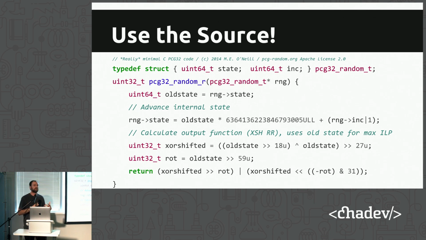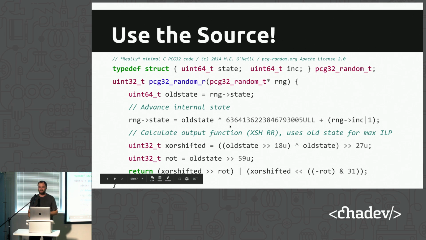Basically, we have a state transition function, which is that first line right here. We take the state and advance the internal state of the random number generator; the seeding of that state is not here. So we transition the state, and we also take the old state and apply an output function to it, which is basically some nice bit shifting around to get that to work out.